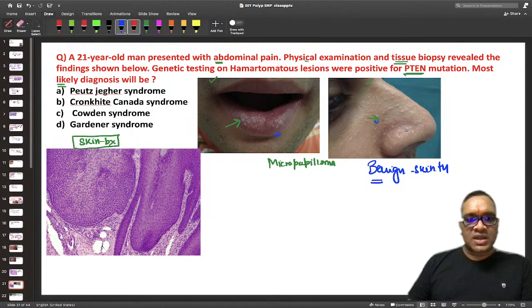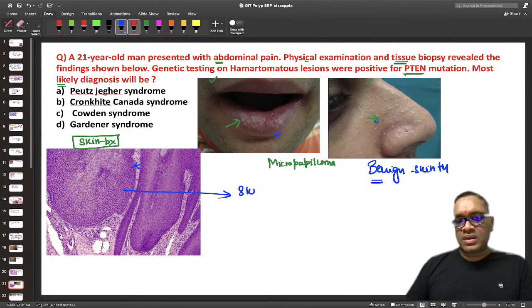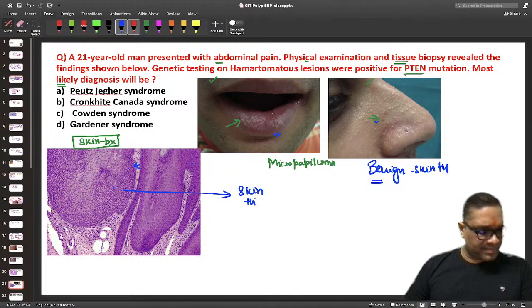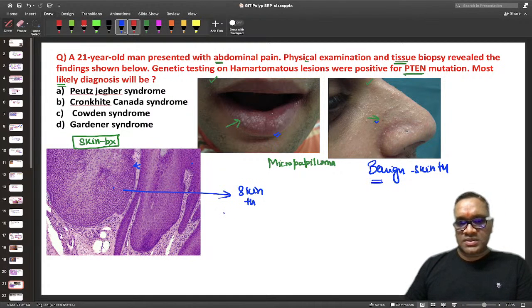What is the name of this skin tumor? By seeing all these things, there is palisading in the basal area. Clear cells are seen. So can you name this skin tumor? Anybody? This is trichilemmoma.